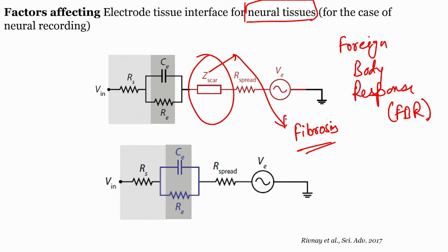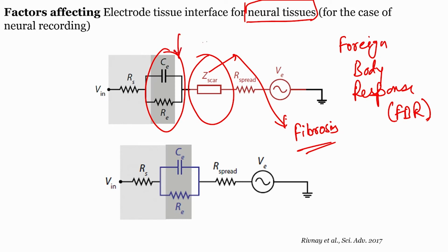In a similar way, this Z scar can also occur if there is a presence of blood in between the electrode and the tissue. So this Z scar can also be due to blood as well. Now then the question arises, is there any way to improve the overall electrode tissue interface? What does it mean?